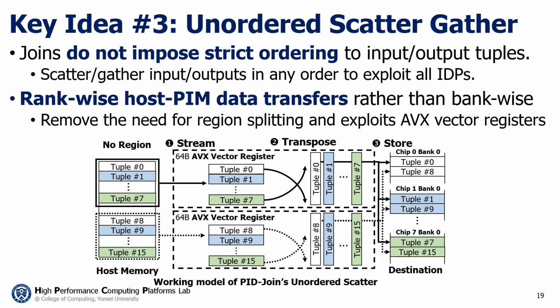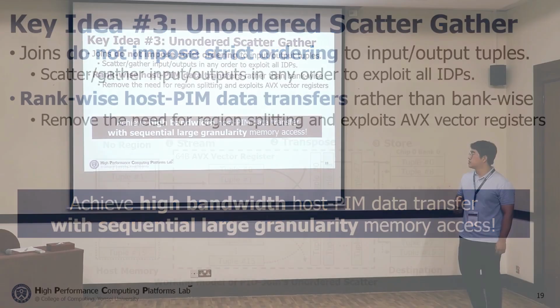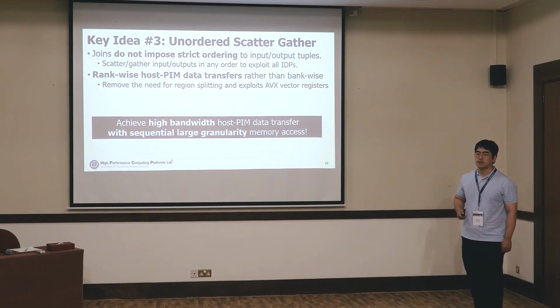This is a simplified idea. However, we can eliminate the random access behavior on the host memory, and we remove the redundant load on the host memory side. So by doing this, we can achieve a high bandwidth host data transfer with sequential and large granularity memory access.